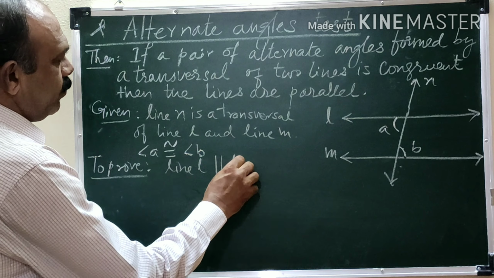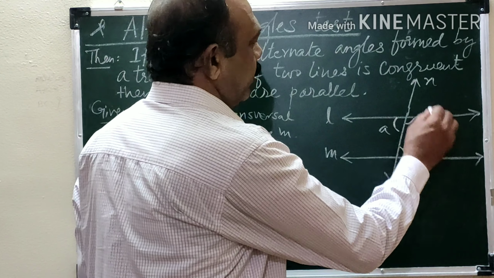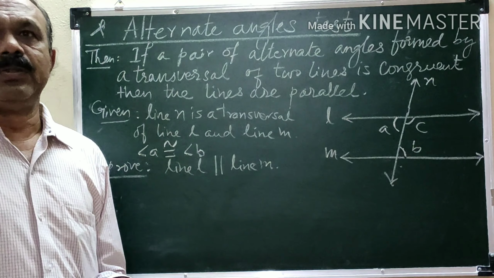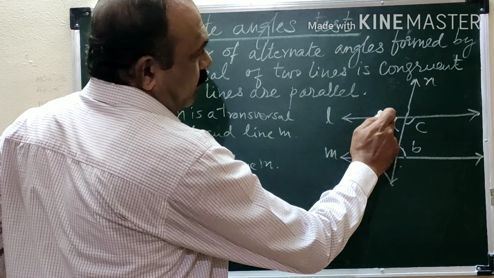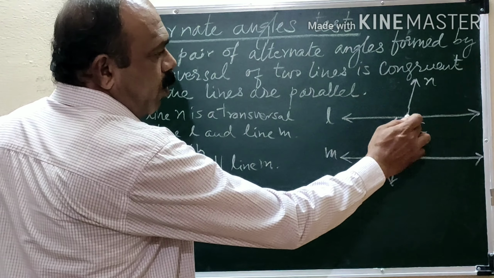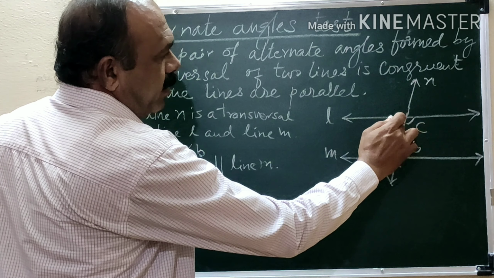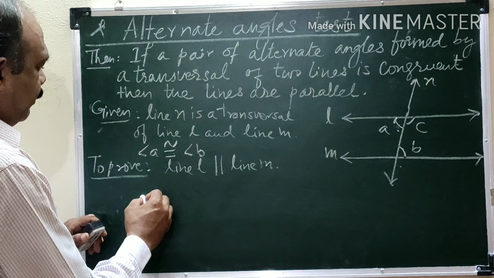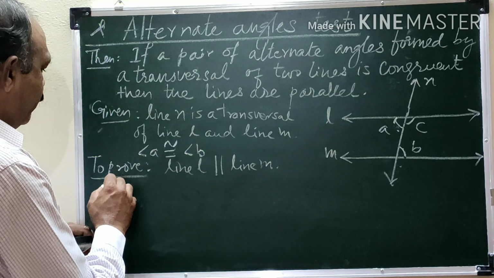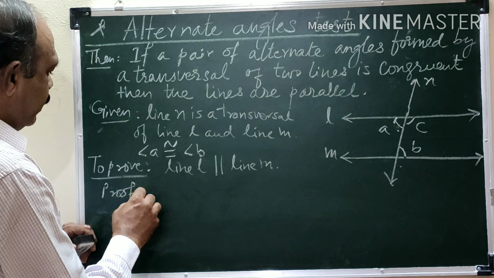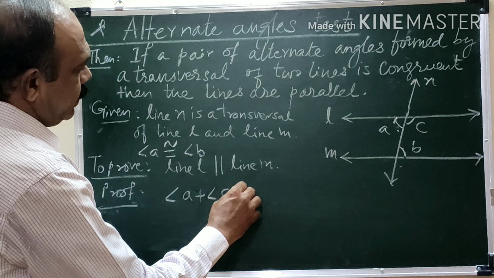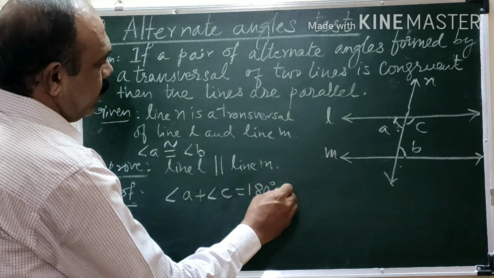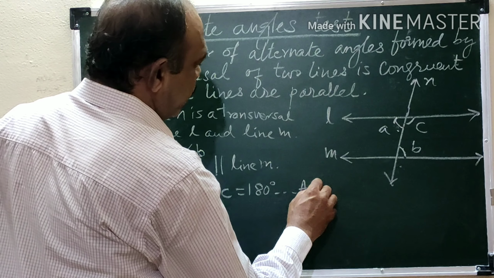Now here we will take one more angle, angle C. This angle A and angle C form a linear pair, right? Proof: angle A plus angle C is equal to 180 degrees. What is the reason?